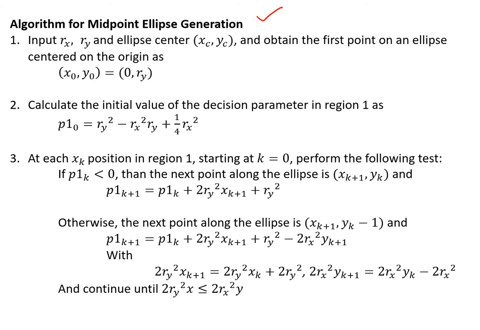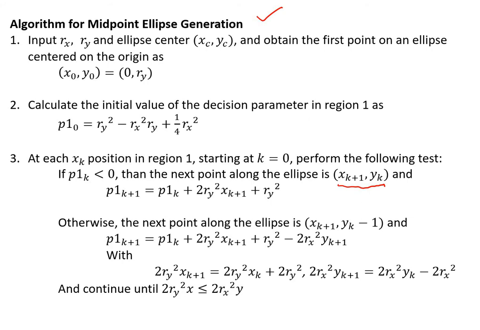At each xk position in region 1, starting at k equals 0, perform the following test. If p1k is less than 0, then the next point along the ellipse is (xk plus 1, yk). Yk will remain the same. X will take a unit step no matter what, but yk will remain the same in region 1.